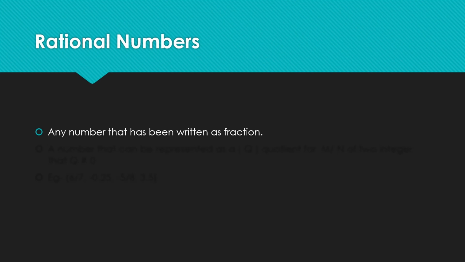Now we are moving to rational numbers. What is a rational number? Any number that can be written as a fraction. As we discussed earlier, an integer is a whole number that may be negative, positive, or zero. If a number is in a fraction, we say it is a rational number.